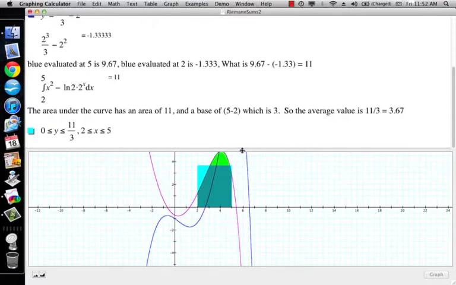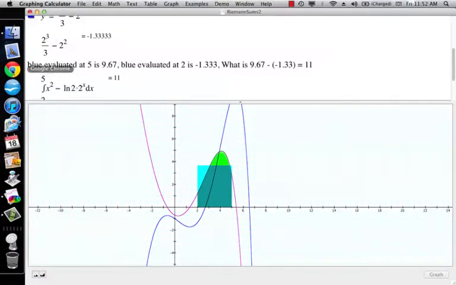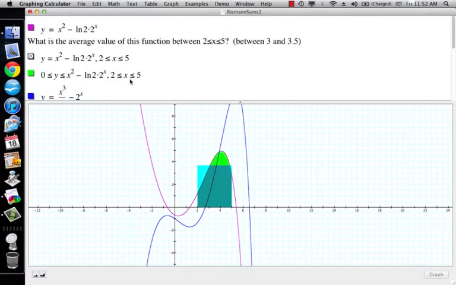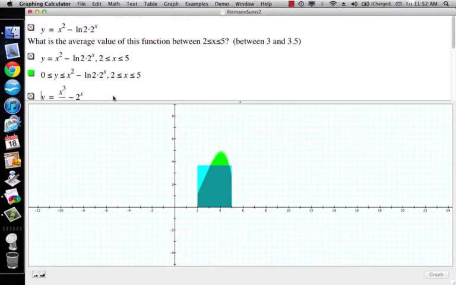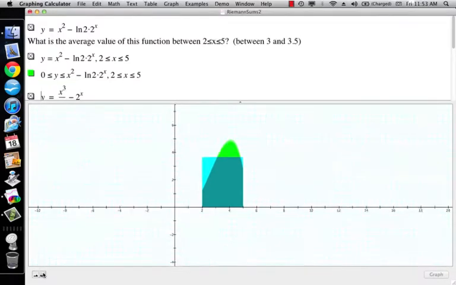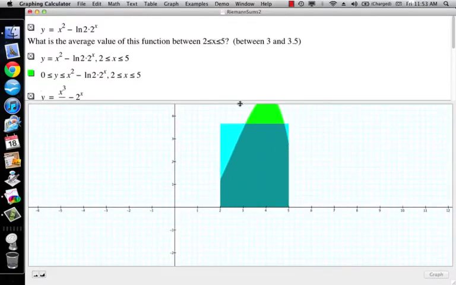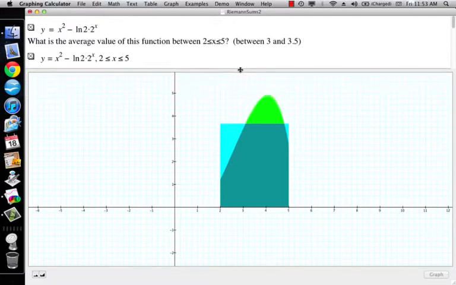Okay. What have I just done? Let me turn some stuff off here. Let's turn this off. Let's turn this off. Let's zoom in. Okay.